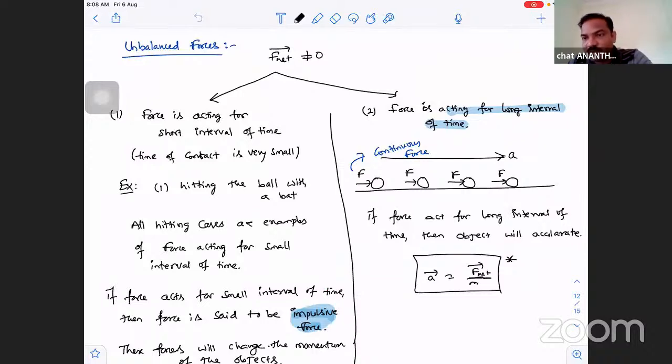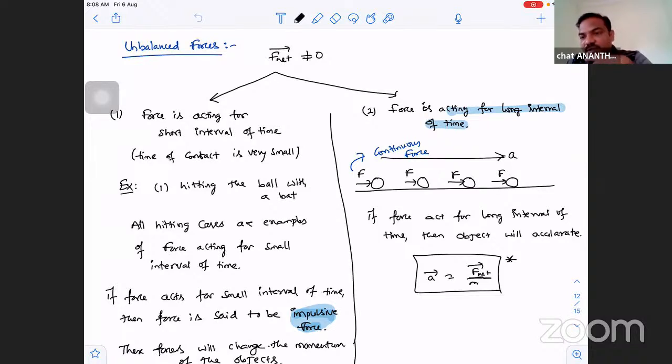Then you know what to do. You can take the components of all forces, and opposite forces should cancel out, meaning they should be equal. Then automatically they will cancel out. When three forces are there and the resultant is 0, you can apply Lami's theorem. So those are the two methods to solve the questions of equilibrium.